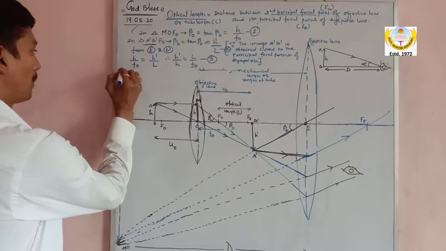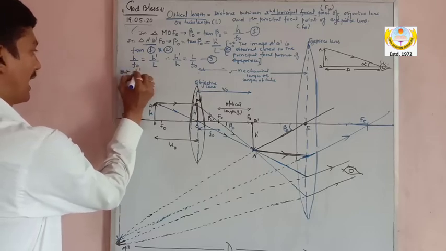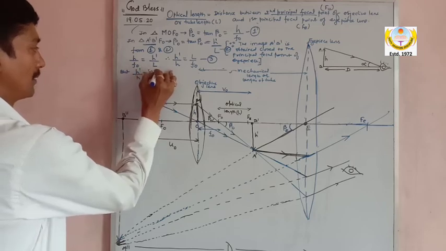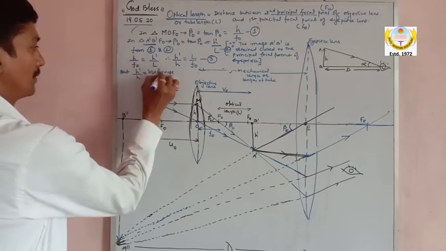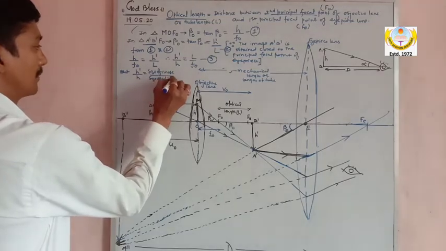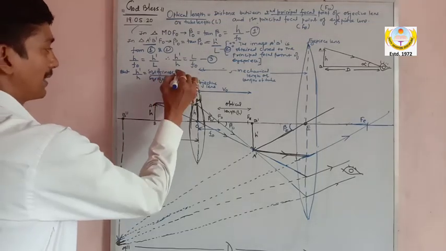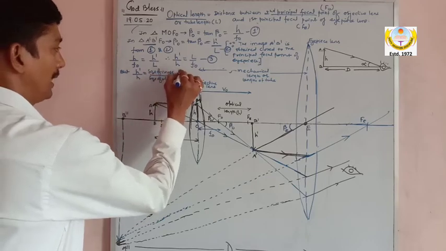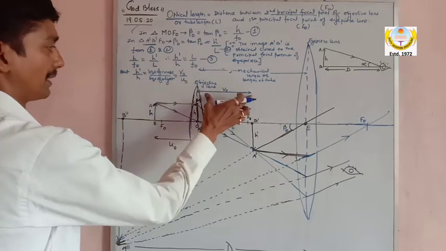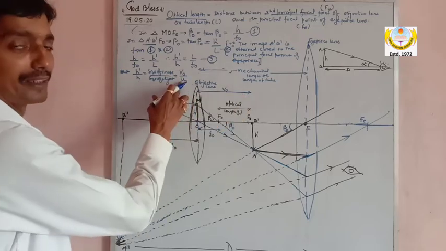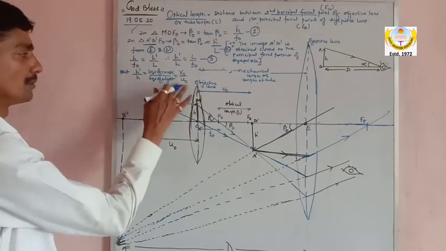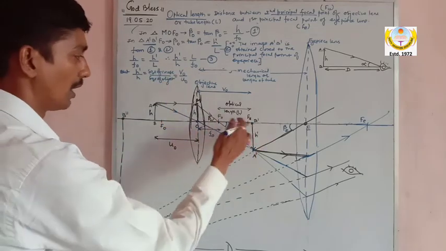You all know H dash by H, that is size of image upon size of object. For a convex lens it is nothing but VO upon UO, that is the image distance from the objective divided by the object distance from the objective.